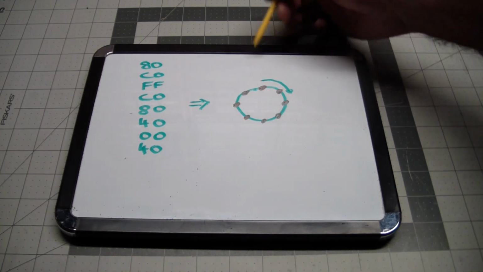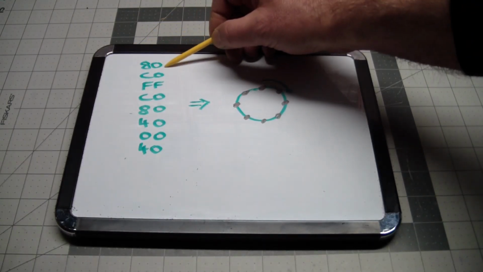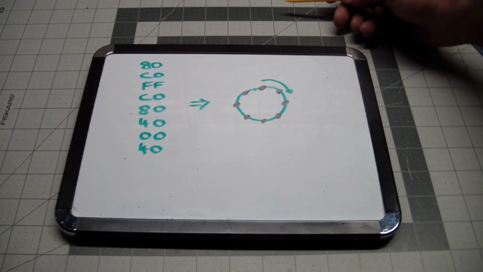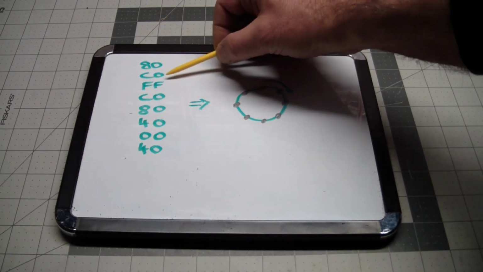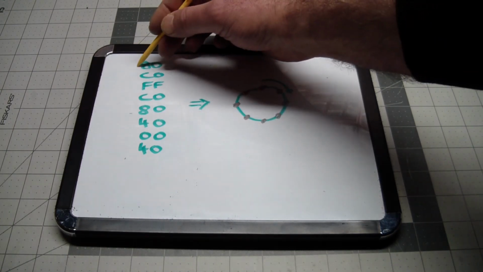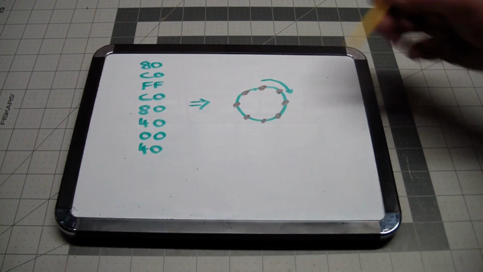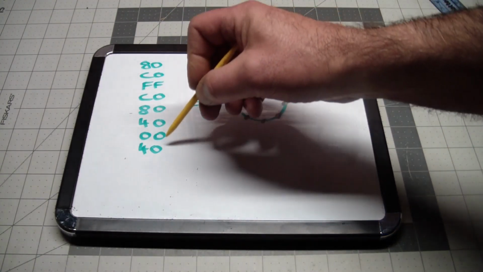But in terms of linear lookup, we take this value, we spit it out through the D to A, we wait for a predetermined amount of time, and then we advance one exact memory location forward, pick the next value, spit it out, and so on and so forth.